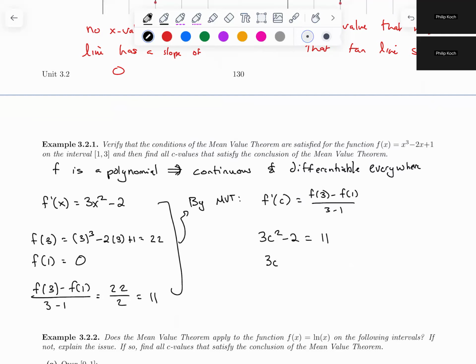This tells me that 3c squared is equal to 13. It gets me c squared is equal to 13 thirds, which gives me that c is equal to plus or minus the square root of 13 thirds. Leave a little bit of space between your plus and your minus. Plus or minus, because only one of those is a c value between a and b. There's only one of those numbers that's between 1 and 3. So we're going to cancel out the negative one because negative square root 13 thirds is not in 1 to 3.